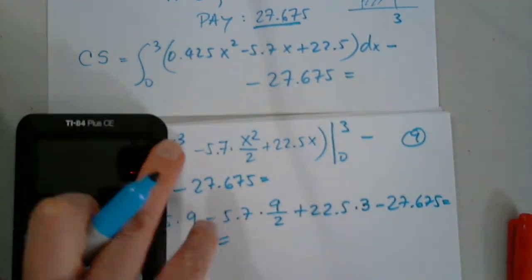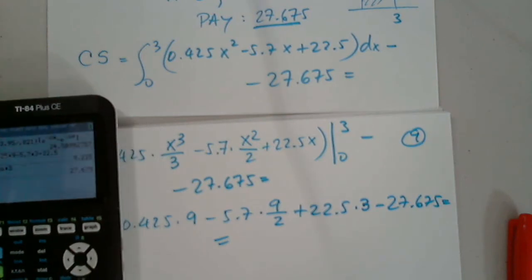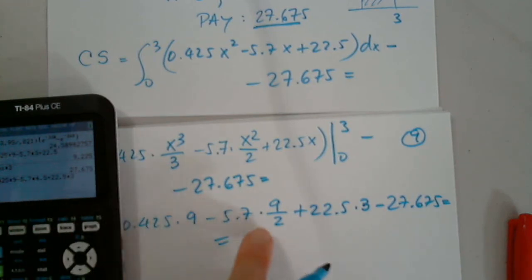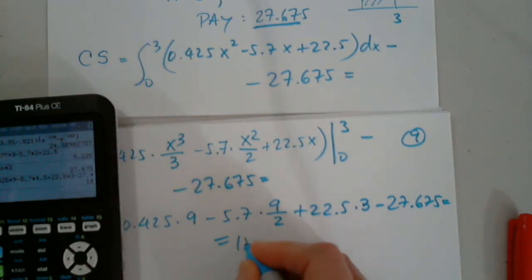Okay. 0.425 times 9 minus 5.7 times 4.5, because this is 4.5, plus 22.5 times 3. I'm checking all my numbers just to make sure. Yes, minus 27.675, enter, $18.